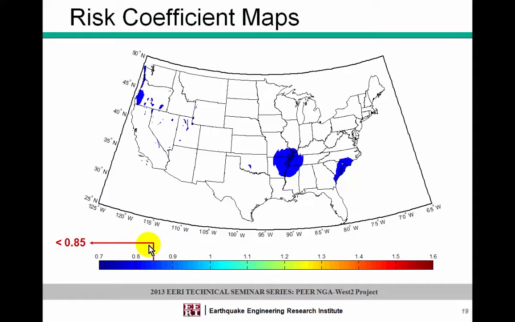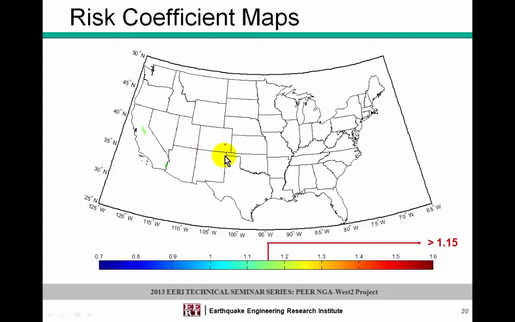It reduces it by more than 15%. And essentially it's around Memphis, or around the New Madrid seismic zone, around Charleston, South Carolina, and a little bit along the coast of Oregon and Washington. Right? And then a few other places around Salt Lake City, a few other places where the hazard might be pretty low to begin with.